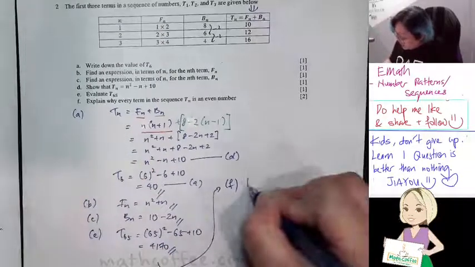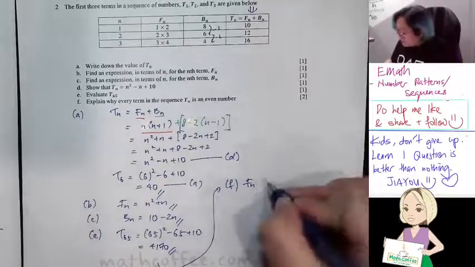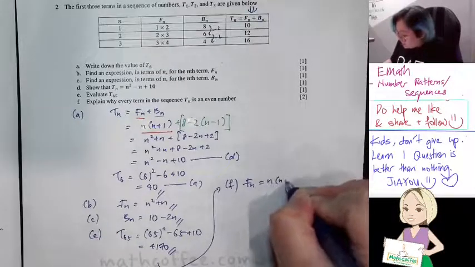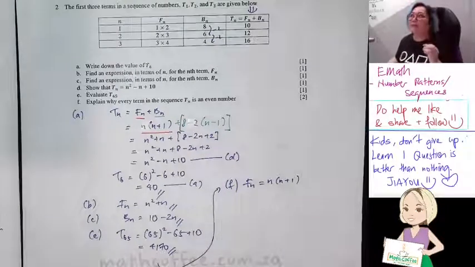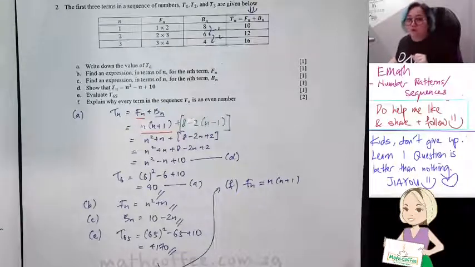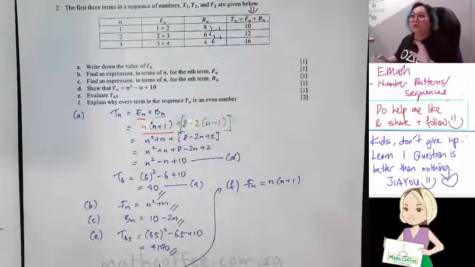We're going to break it up. My Fn is equals to n times n plus 1. Do you agree? For example, if my n is 2, that means 2 times 3. If my n is 3, I will have 3 times 4. So no matter what, it will be 1 odd and 1 even number. So n times n plus 1 is a product of an even and odd number.